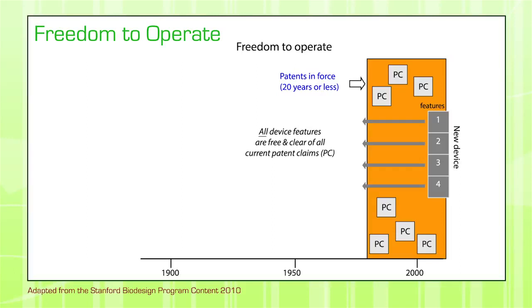So if freedom to operate analysis tries to prove that all the features in your device are free and cleared of all current patent claims, what you're going to do, again, is to try to lay out all the features of your new device and to see if there is any specific patent with claims that actually protects that specific feature, which you must license or buy out in order for you to test or commercialize your product.